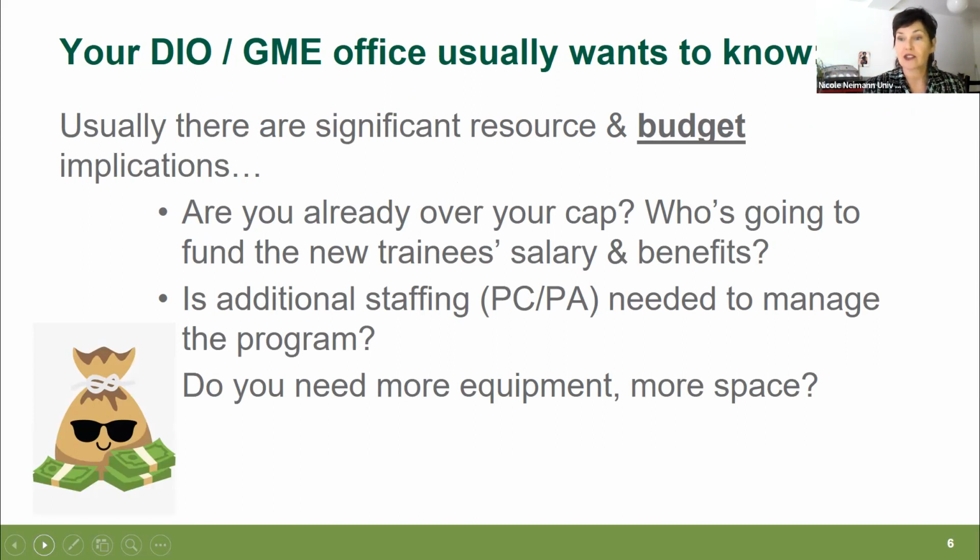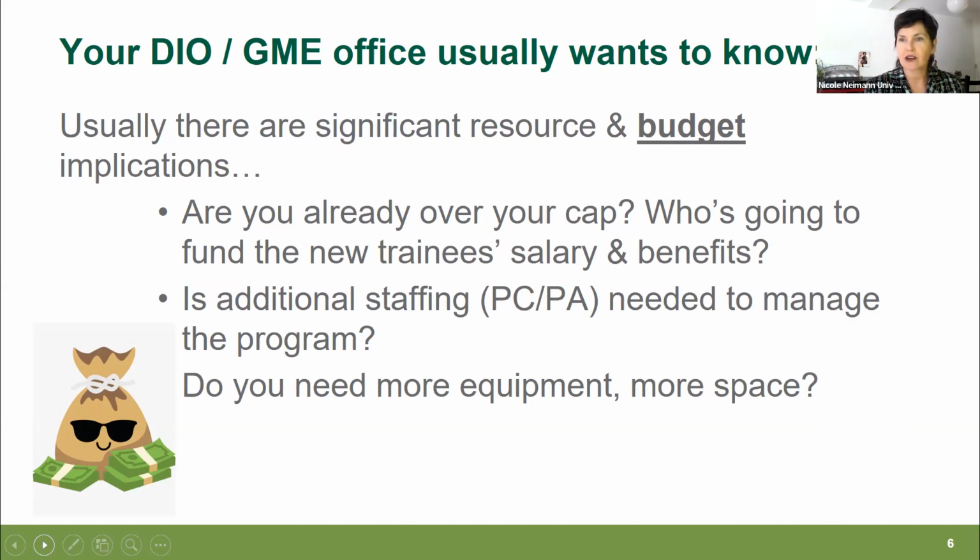So some of the questions they're going to want you to consider are, is our institution already over our cap? At University of Vermont, we are definitely over our cap by about 100 trainees. So who's going to fund the complement increase? Who's going to fund their salaries, their benefits?